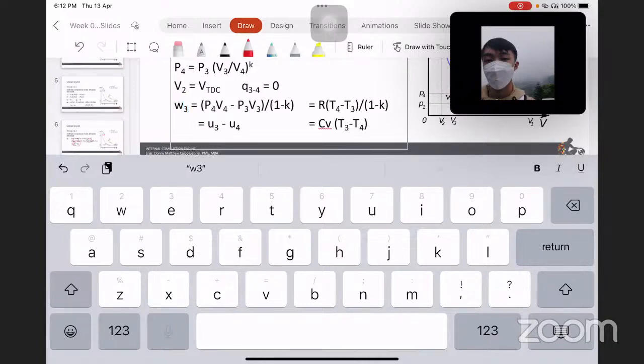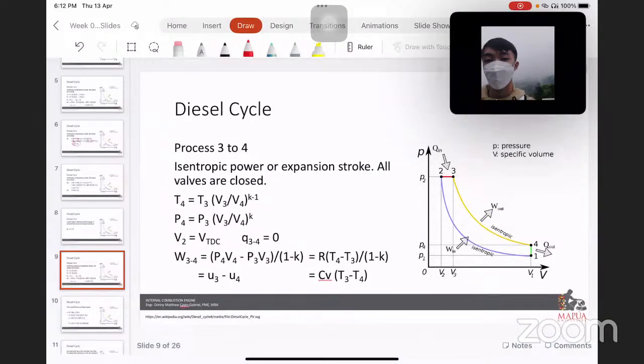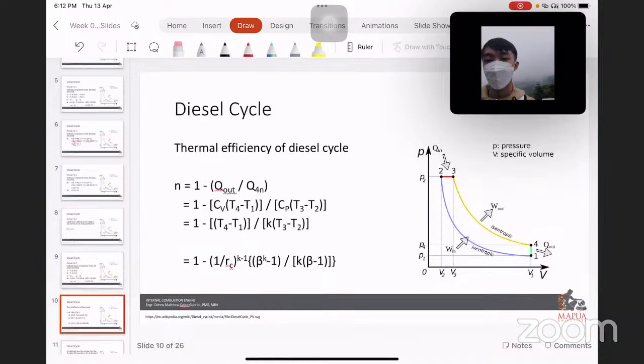So this is work at 3 to 4. So same lang din, no? Since may change in volume tayo, we can use specific heat in terms of volume times the temperature difference at point 3.